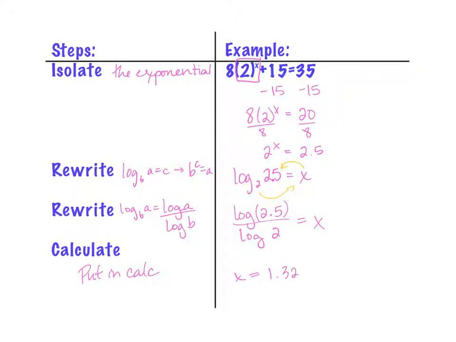And often what we have to do is round things off here. And you can always check it by putting the 1.32 back in for x and doing the order of operations. It should come out pretty close. Anytime you have to round, you're going to be a little bit off.